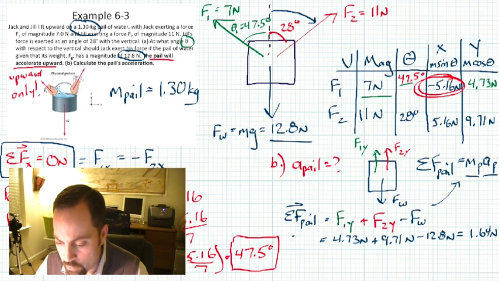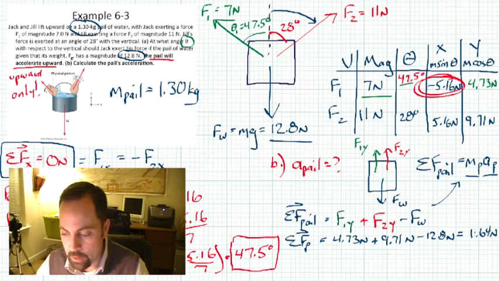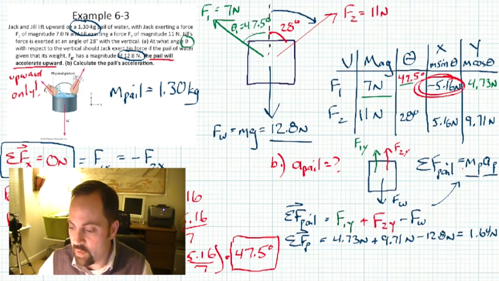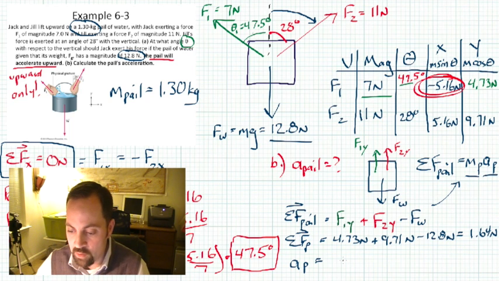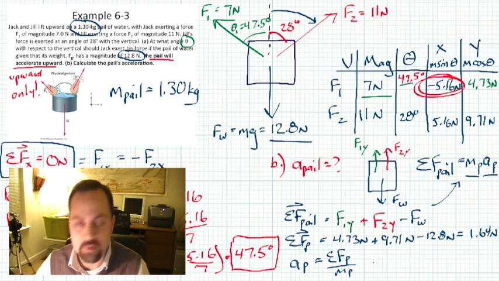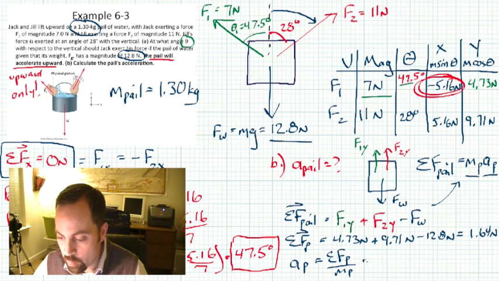Since the net force on the pail is 1.64 newtons, and we know the mass of the pail, we can solve for the acceleration. The acceleration of the pail is the net force of the pail divided by the mass of the pail. That's going to give us our upwards acceleration.